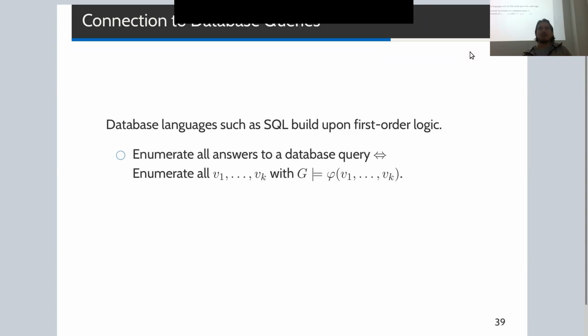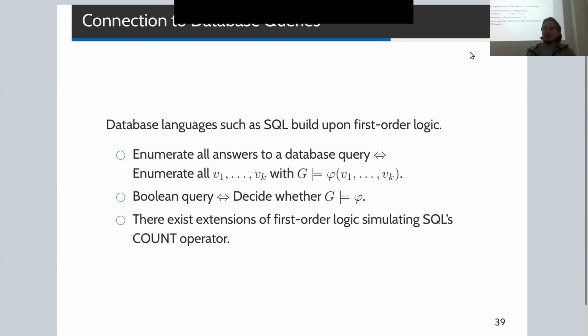Like, give me everybody that is below the age of 30 and lives in that region or whatever. Similarly, you could have a first order logic formula with 3 variables, and then you could enumerate all tuples that satisfy the formula. So this corresponds to enumeration of queries. Or if you simply have a Boolean query, then this is the same as evaluating a sentence on a graph or in a structure.